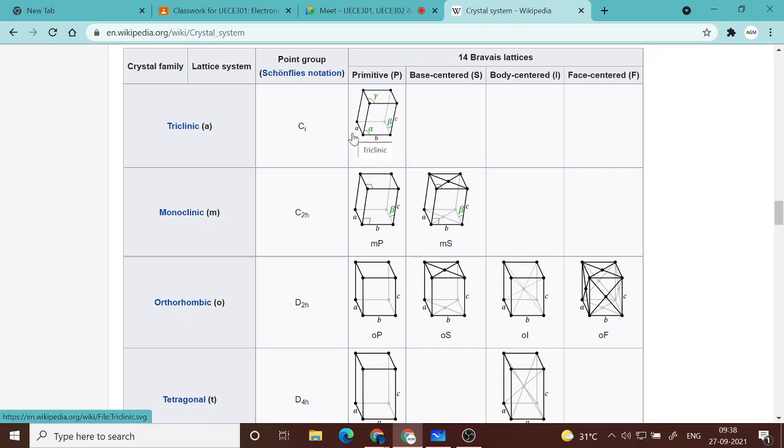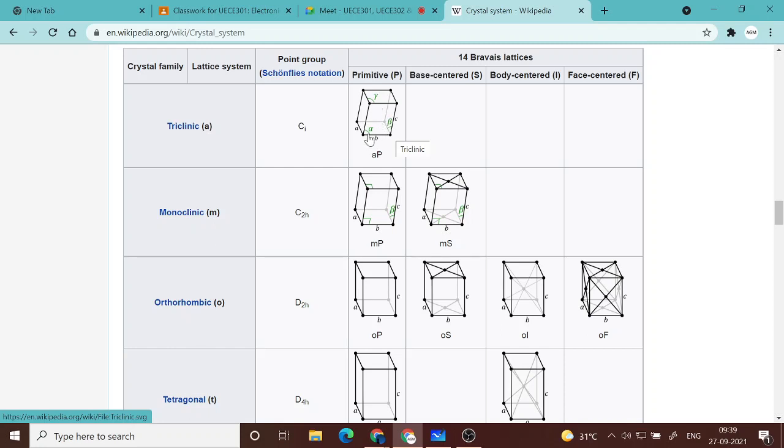So the length A is different from B, and C is different from both A and B. So these three lengths are different, and then between A and B, you have an angle gamma, and similarly between B and C, you have alpha, and between C and A, you have beta. So alpha, beta, gamma, these are the three angles.